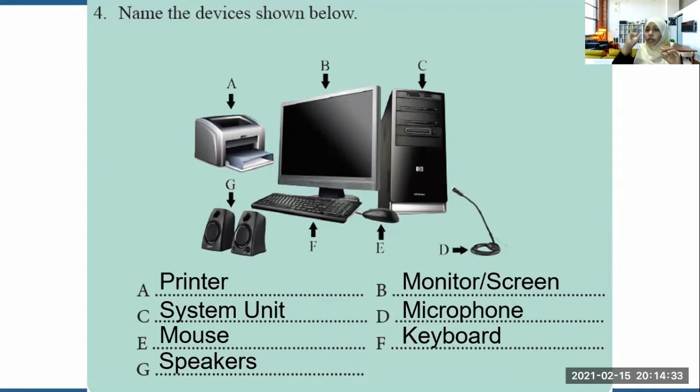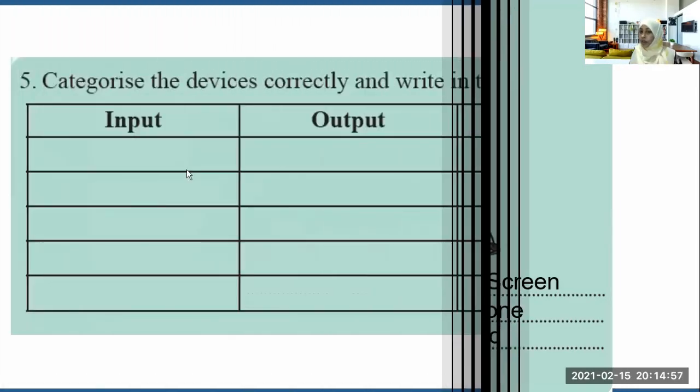The CPU is inside the system unit. The ROM is inside the system unit. Understood? There is a collection of devices inside the system unit. That's why it is called a system unit. It holds a lot of things inside it. So the CPU is a part inside the system unit.